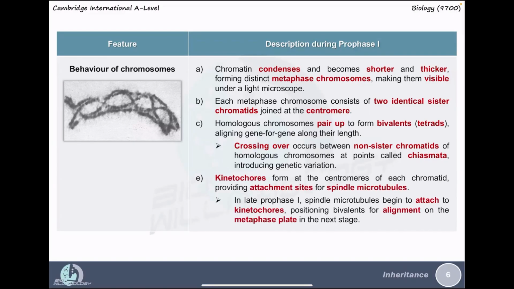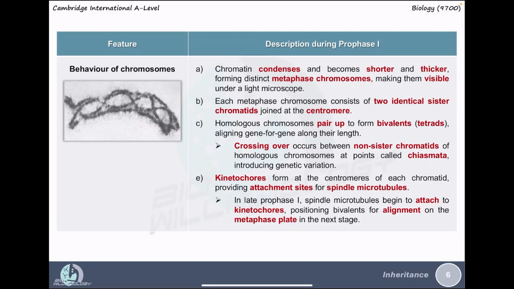So the kinetochore forms at the centromere of each chromatid, and this kinetochore is very important because it provides an attachment site for spindle microtubules. In late prophase 1, spindle microtubules begin to attach to the kinetochore, positioning bivalents or these tetrads for alignment on the metaphase plate in the next stage.